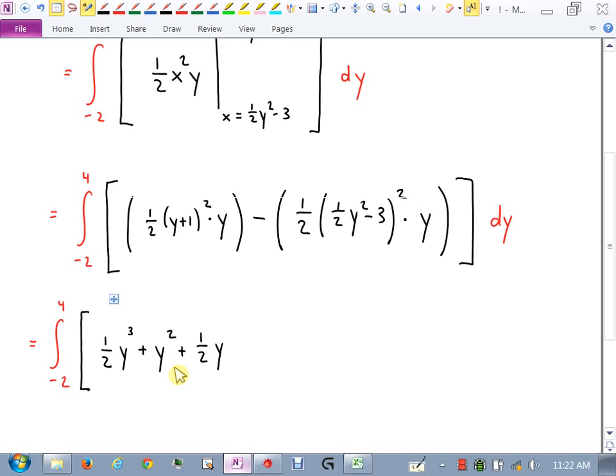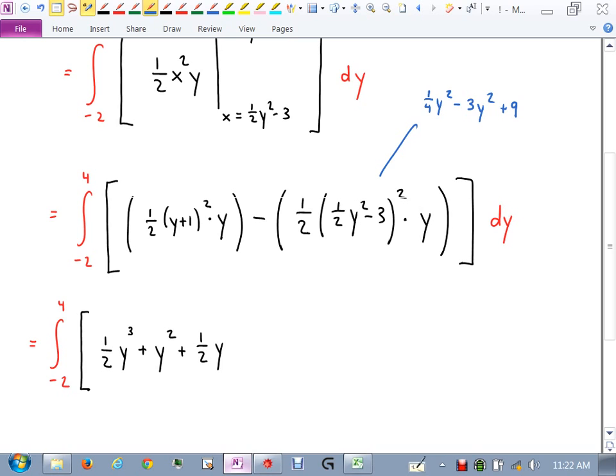And then over here, this is not so fun. I'm going to have to write this one down. This is going to give me 1/4 y to the 4th minus 3/2 and 3/2 added together is 6/2, which is 3, y squared plus 9. Is that right? 3/2 minus 3/2.